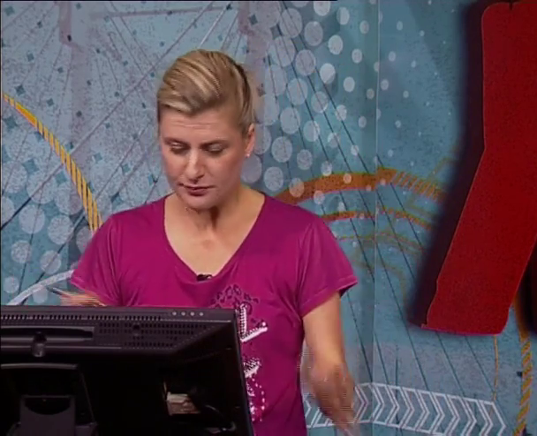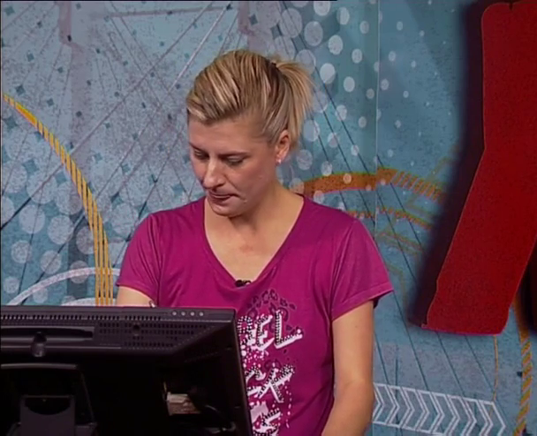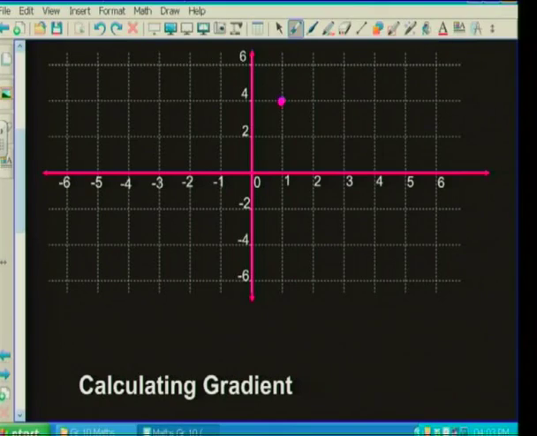In order to calculate the gradient of a line, very much the same as with the distance formula, we need two Cartesian coordinates. Let's start with a point where x is 1 and y is 4, and then pick another point where x is 2 and y is -2.